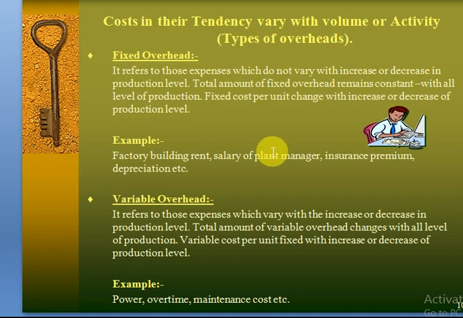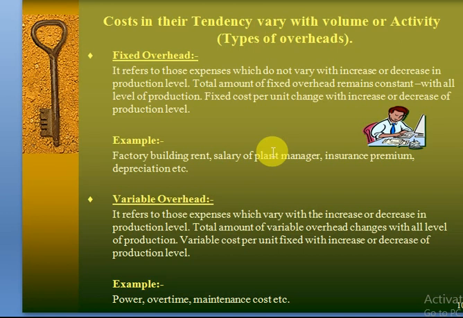For example, if per unit cost is $5, and we produce 10 units, our cost of production will be 10 multiplied by 5, which is $50. But if I produce 100 units, then 100 multiplied by 5 is equal to 500.